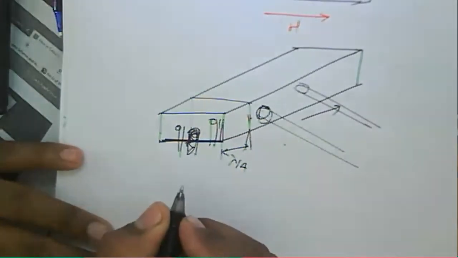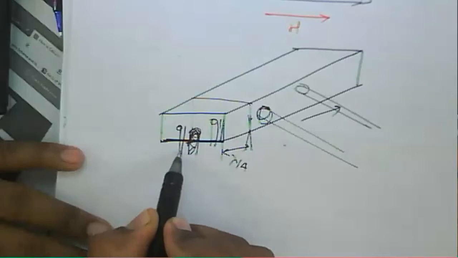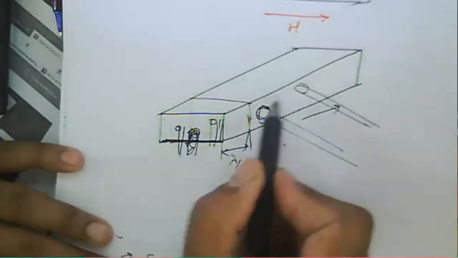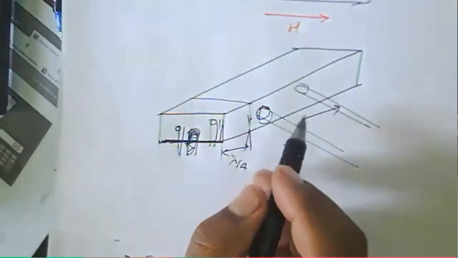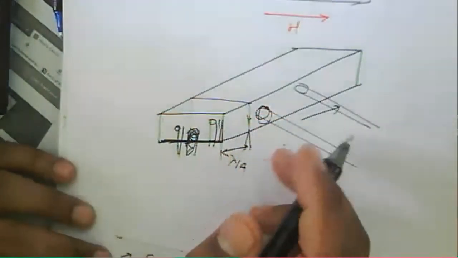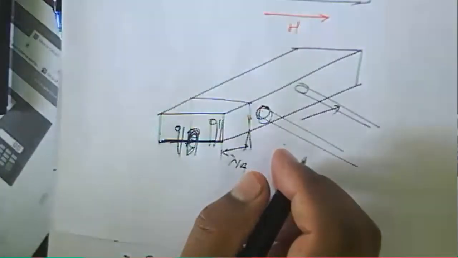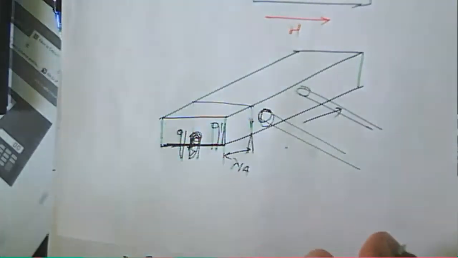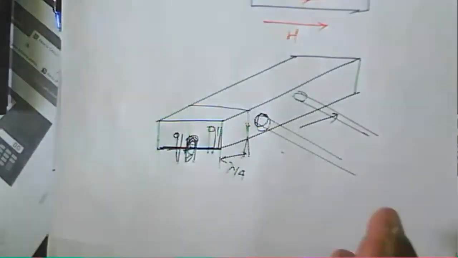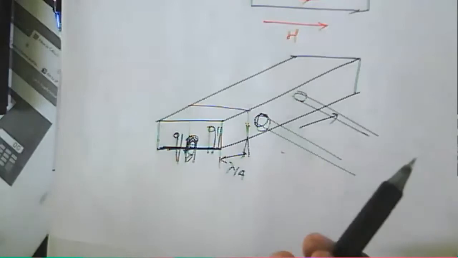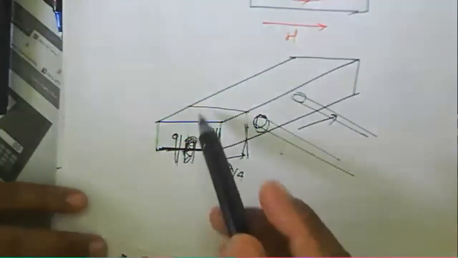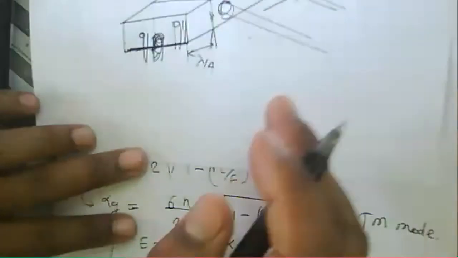So from this side we have to insert the probe. That is called excitation of a rectangular waveguide in a given particular mode. The number of probes determines the excitation.